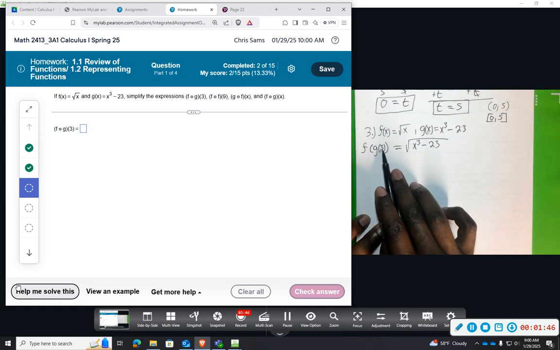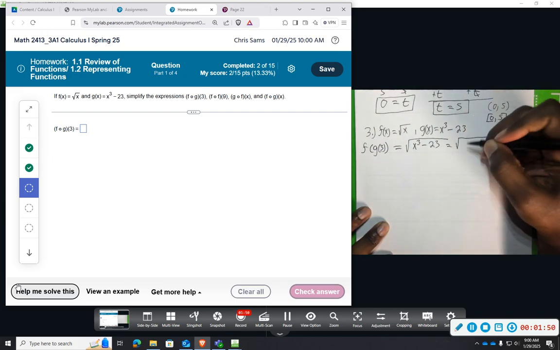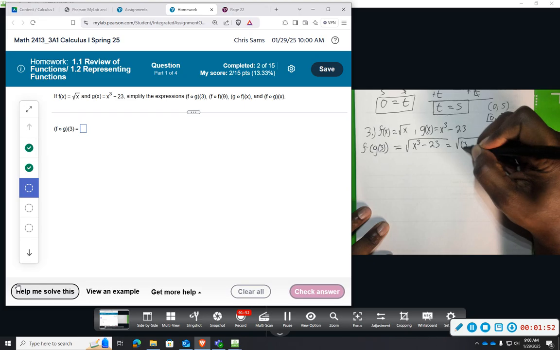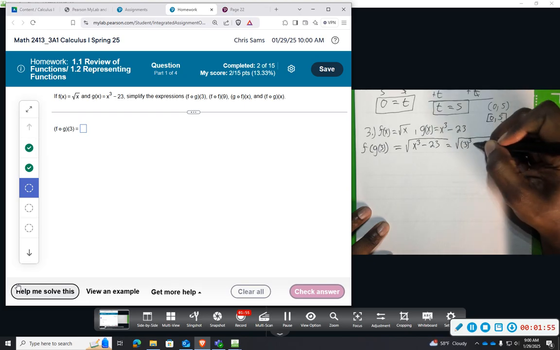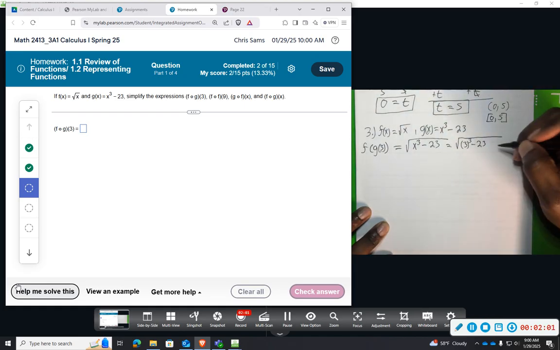And now I'm going to plug in 3 for x. So this is going to be the square root of 3 to the third minus 23. 3 to the third is 27.